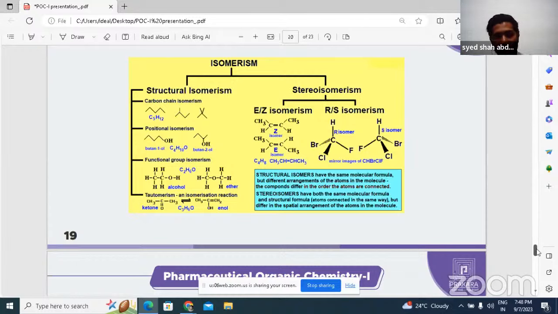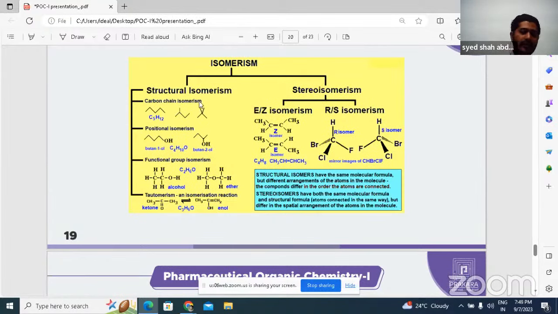So 3D structure differences come into play, where we are having geometrical and optical. Actually, E and Z is nothing but our geometrical isomerism. R and S is our optical isomerism. So that will be there in stereoisomers, where the arrangement differs within space in 3 dimensions.